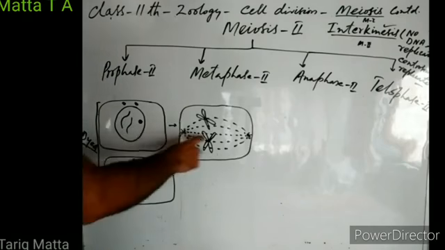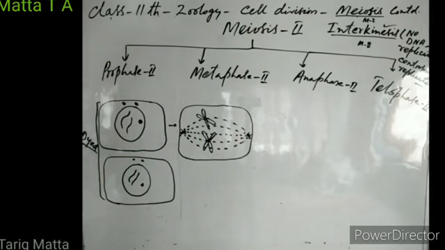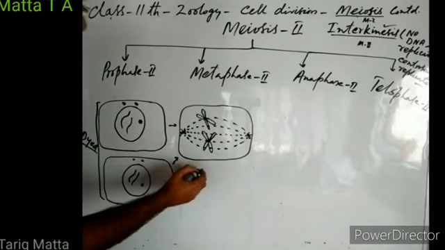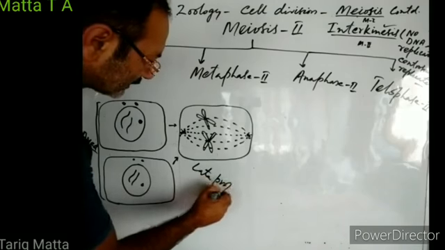And spindle formation is completed at the end of prophase II. So this is happening in both the cells. This is the end of prophase, late prophase II.